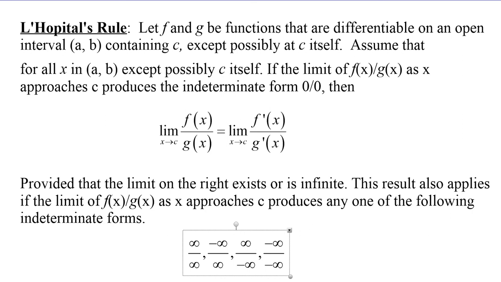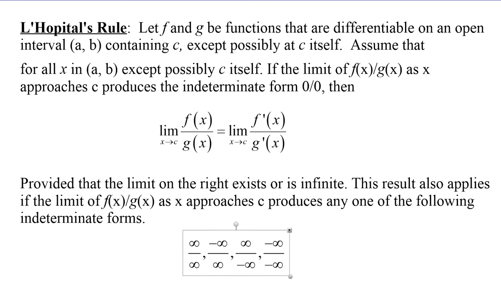the limit as x approaches c of f of x over g of x is equal to the limit as x approaches c of f prime of x over g prime of x. Meaning that if you take the derivative of the numerator and the derivative of the denominator and then find the limit of that ratio, it will be the same as the original limit, provided that the limit exists.